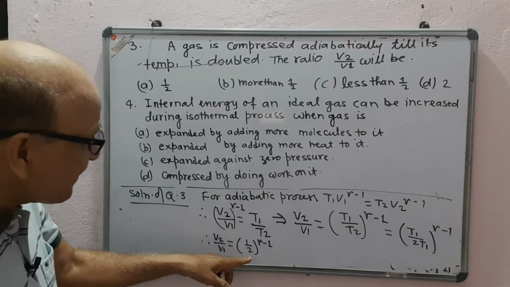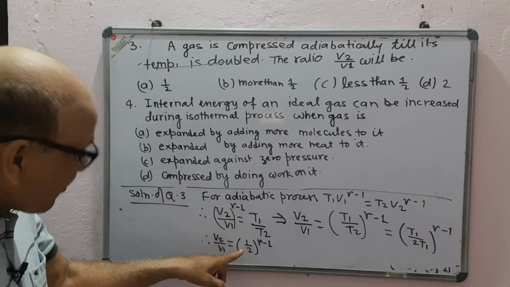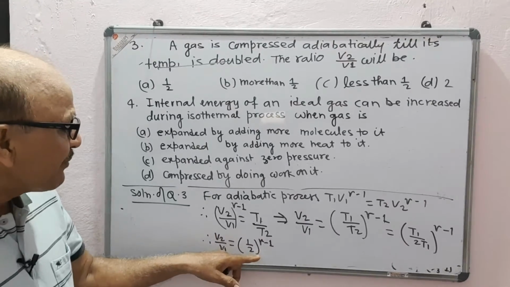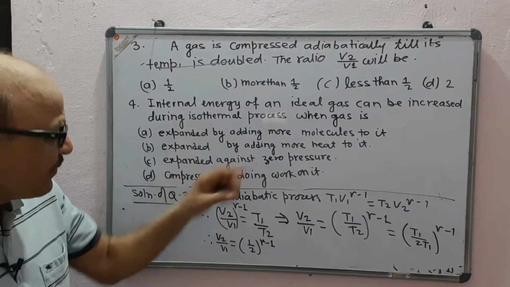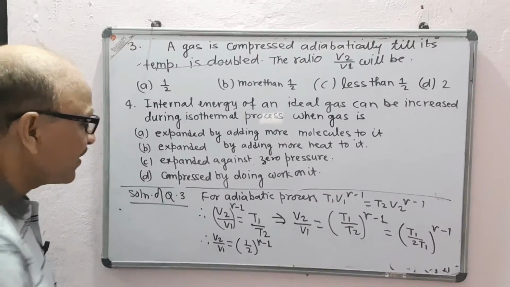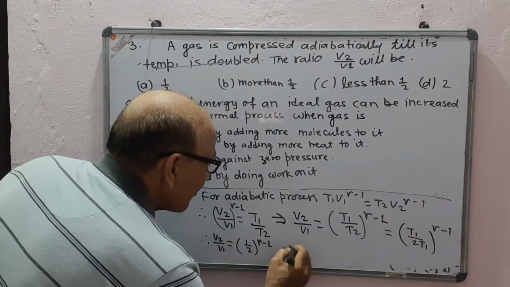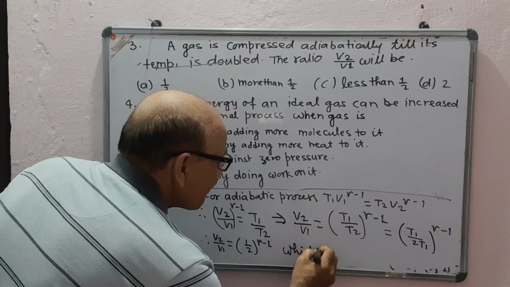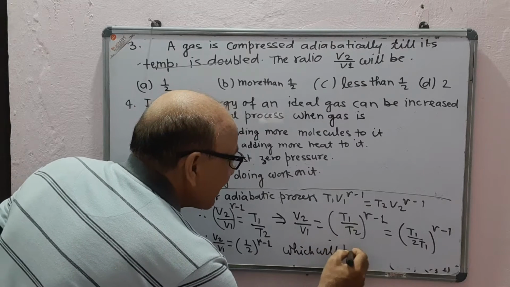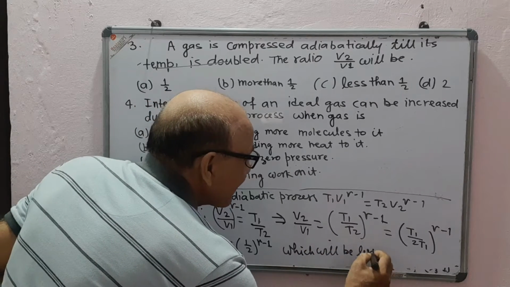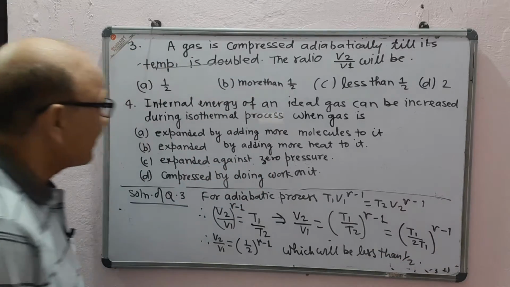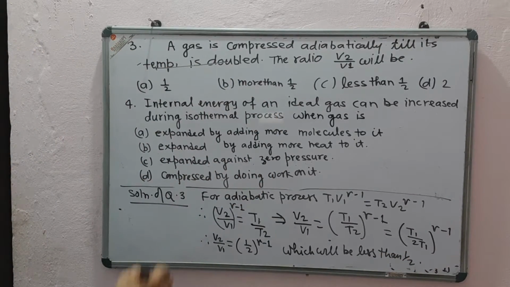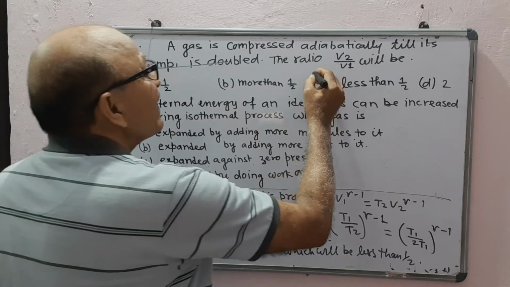This will be less than 1 by 2, whatsoever the value of gamma is. So the correct answer must be C.